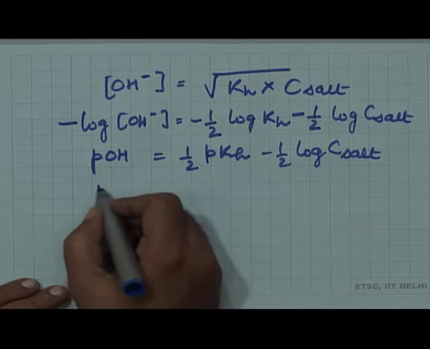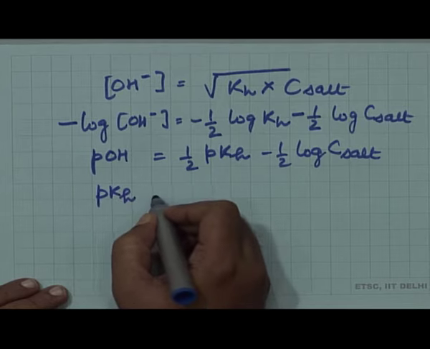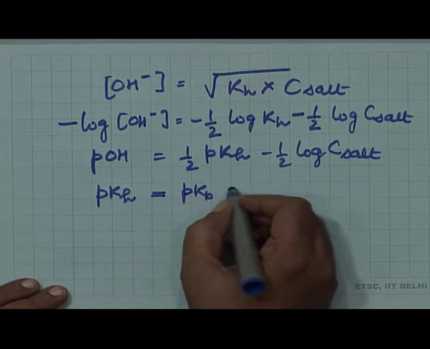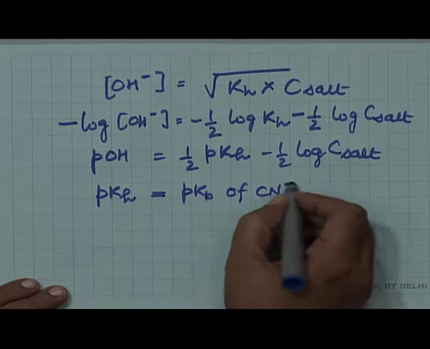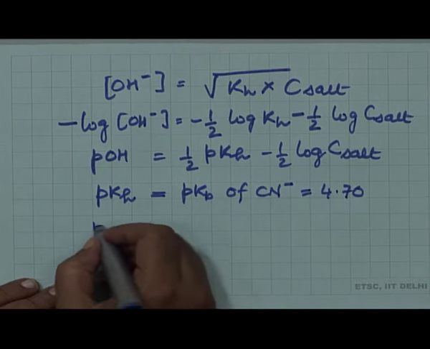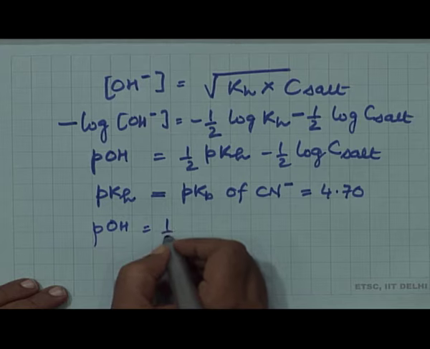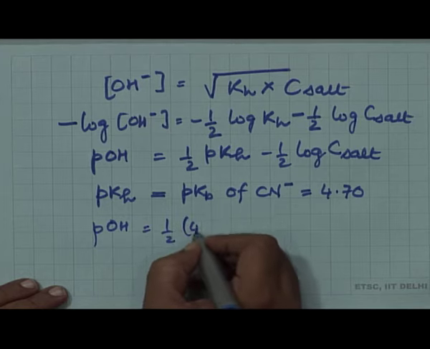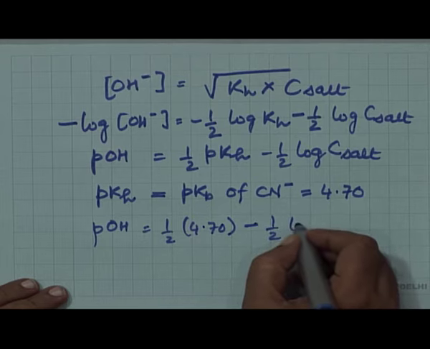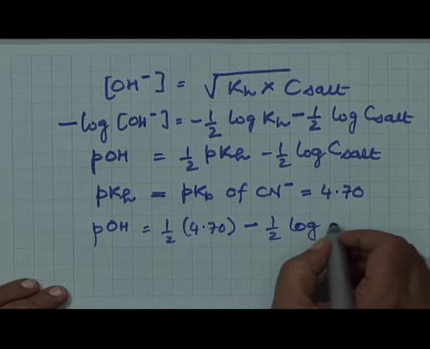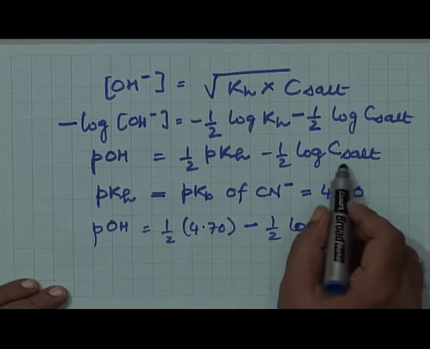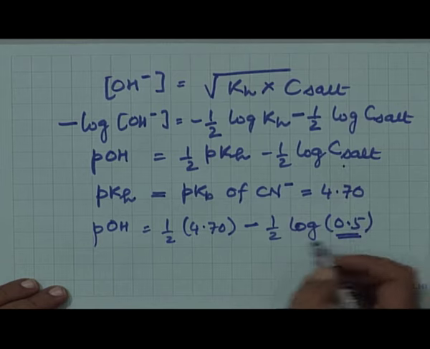and since pKh, the hydrolysis constant, is simply equal to pKb of cyanide ion, which is your 4.70, pOH will be given by half of 4.70 minus half log of 0.5, since your salt concentration is 0.5 molar.